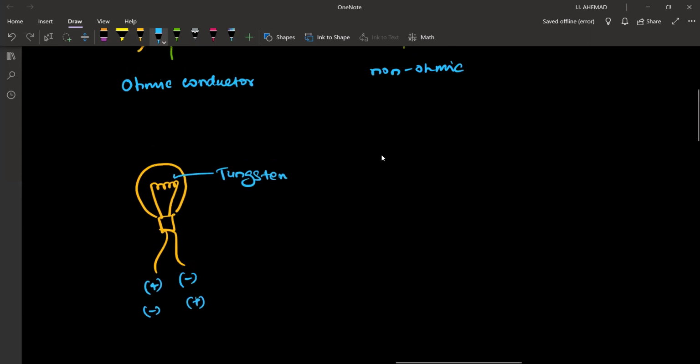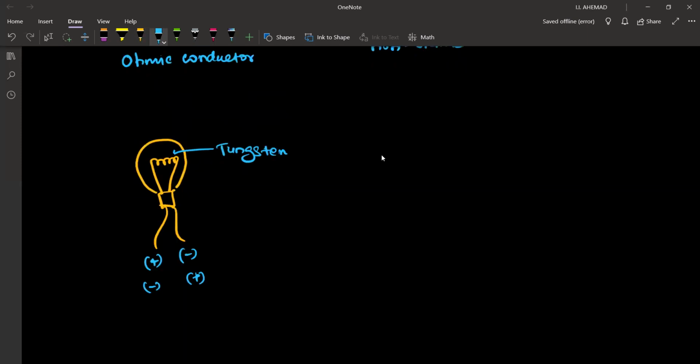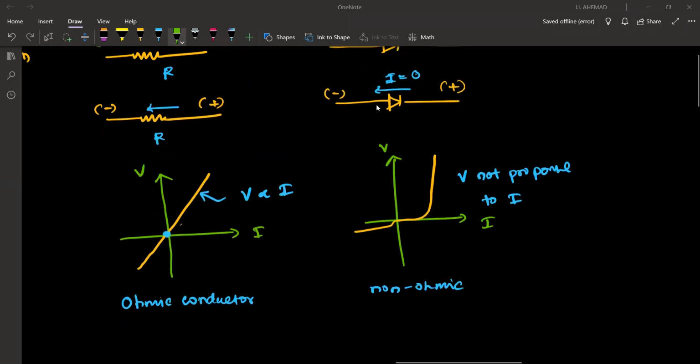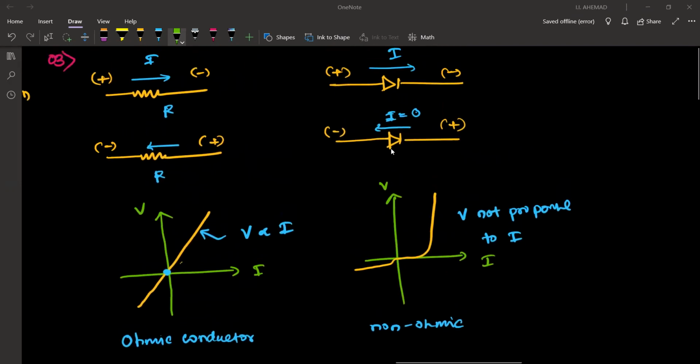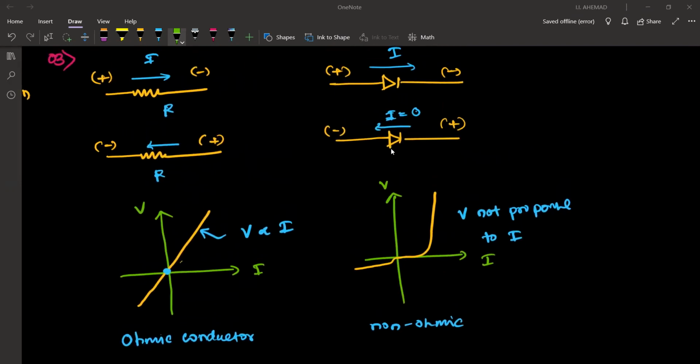So now, if I plot the V versus I graph, make a change.